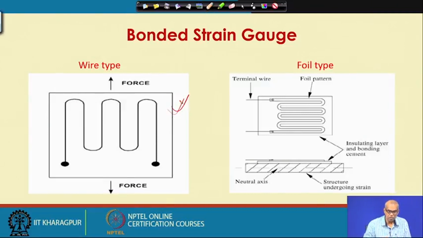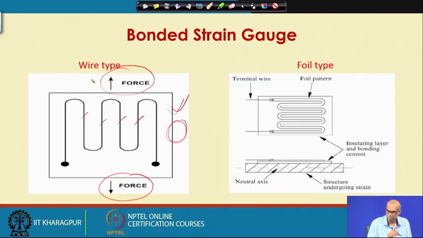So, this is a schematic of wet type. This is a wire which is rigidly bonded onto the surface of the specimen, and the specimen is undergoing strain.